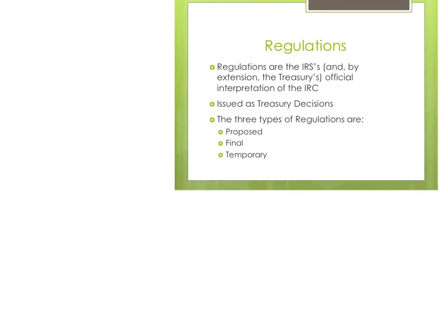Now, there are 3 basic types, or categories, I guess I should say, of regulations, okay? There are proposed, final, and temporary, all right? And really the big ticket items for these: proposed regulations do not have the weight of law, okay?